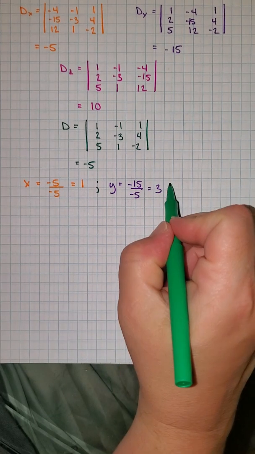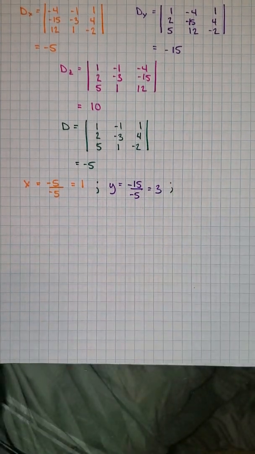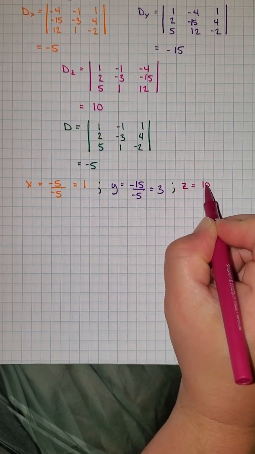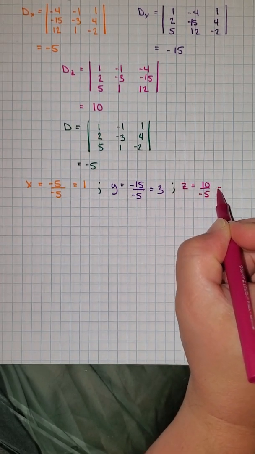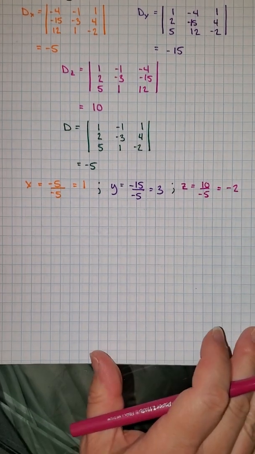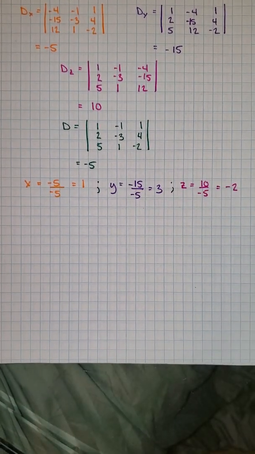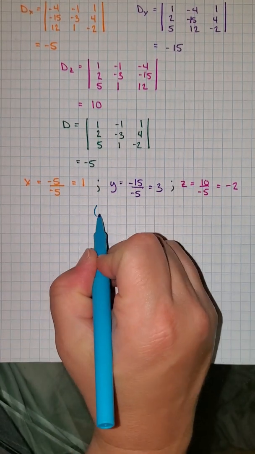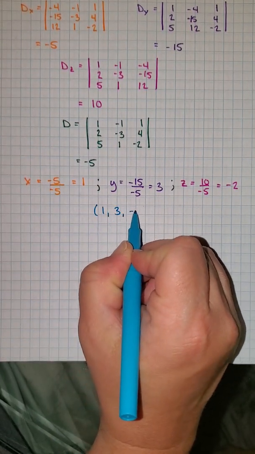And then Z, we have our determinant for Z, which is 10, and divide that 10 by the -5, and you get -2. So there's your answer. That's 1, 3, and -2.